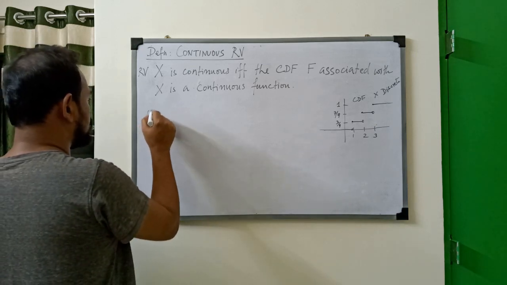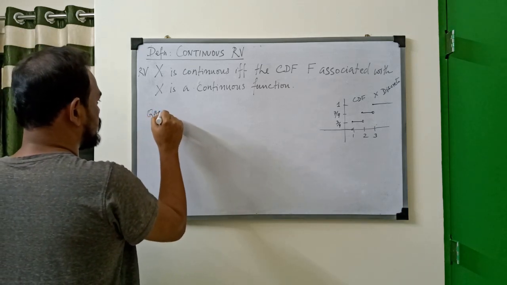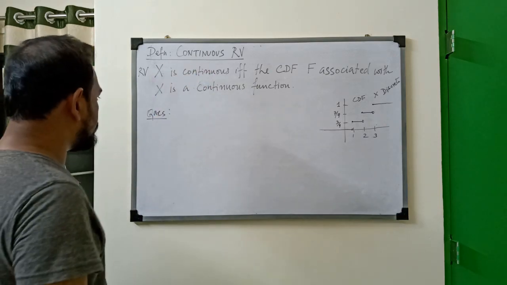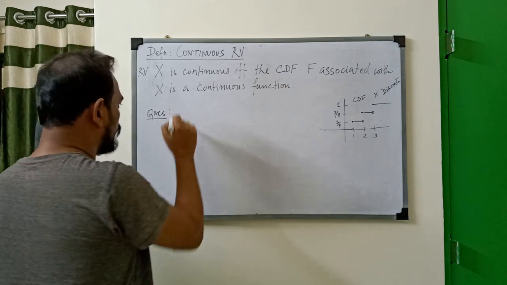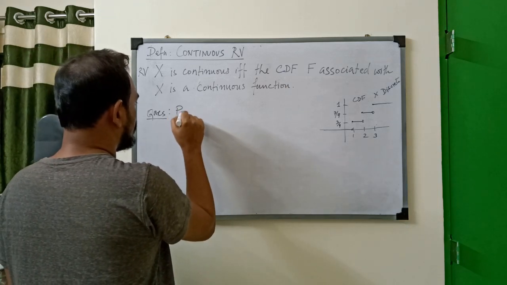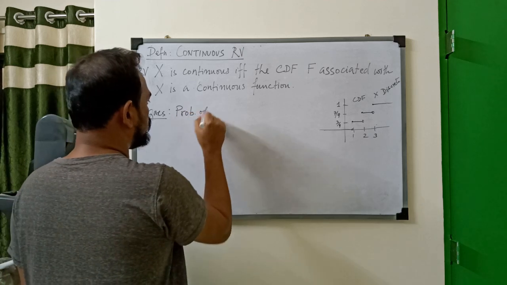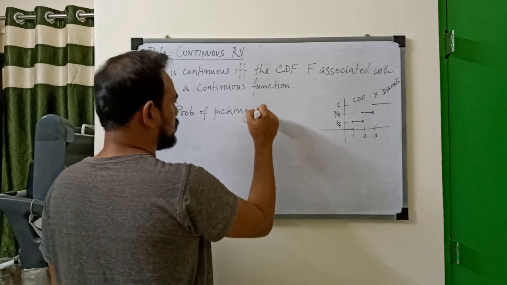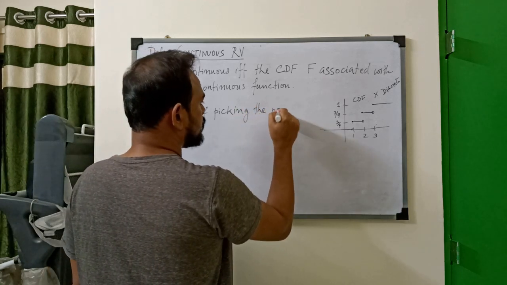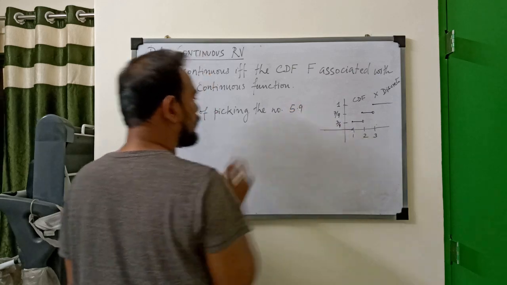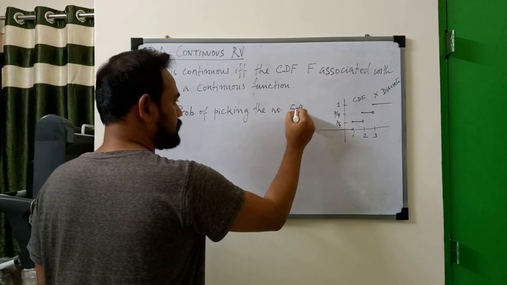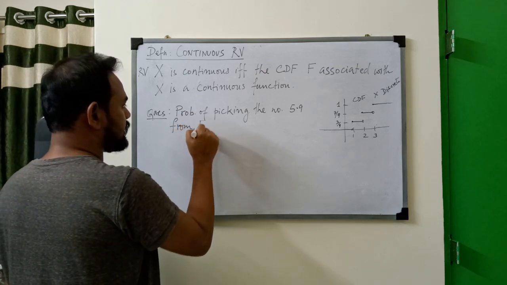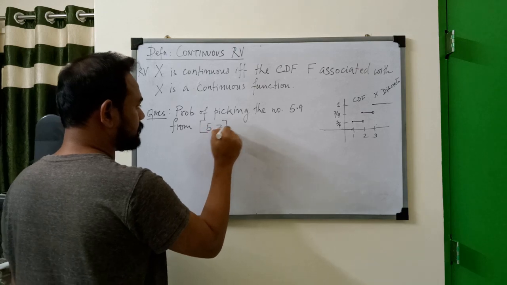So I'll ask a question to demonstrate what we are doing today. What would be the probability of picking the number 5.9, with a decimal point, from this interval 5 to 7?